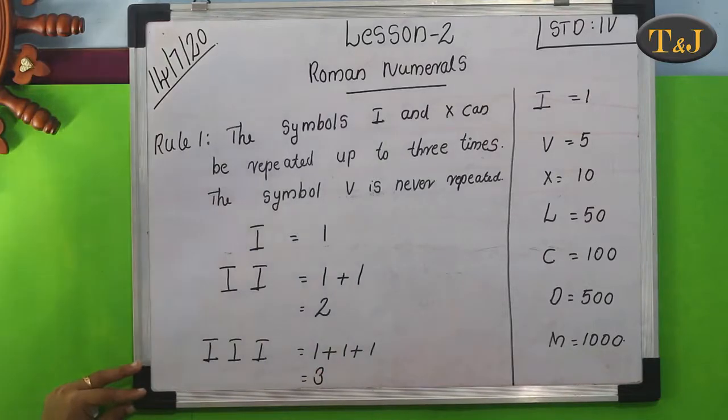That means the symbol I can be repeated only up to 3 times. I equals 1, II equals 2 and III equals 3.